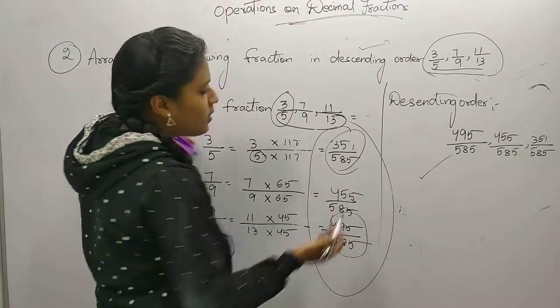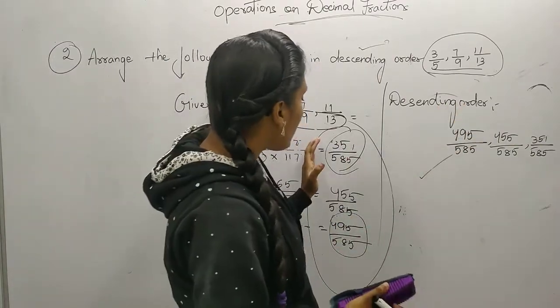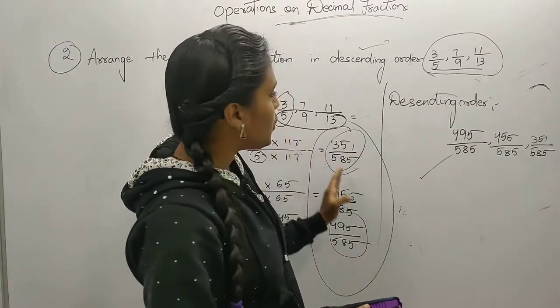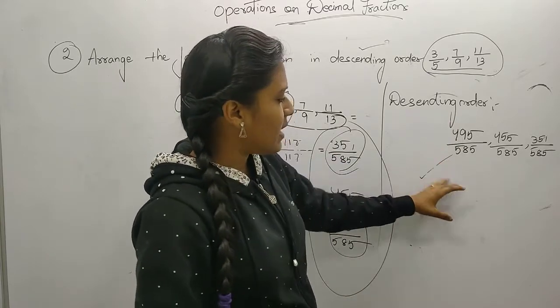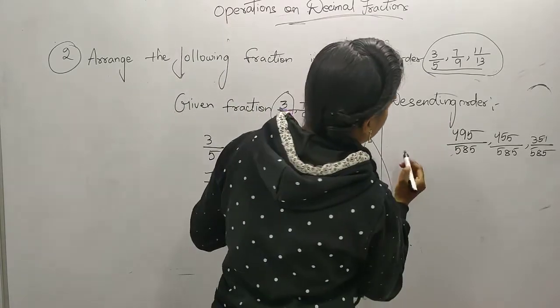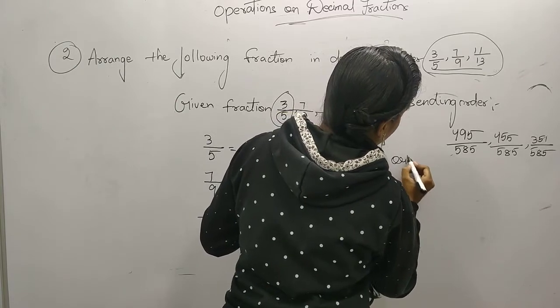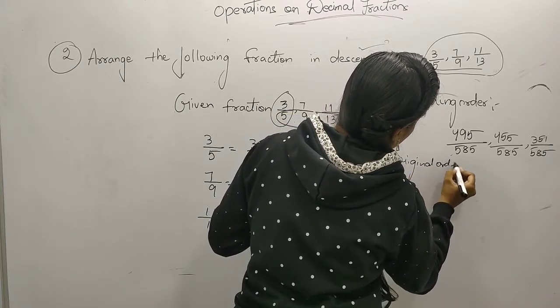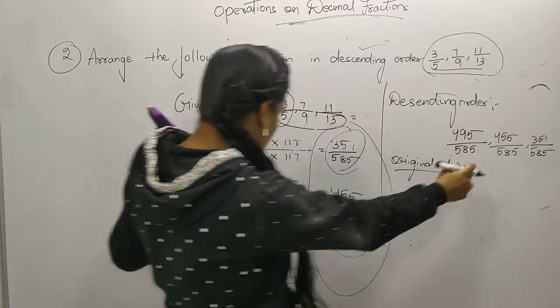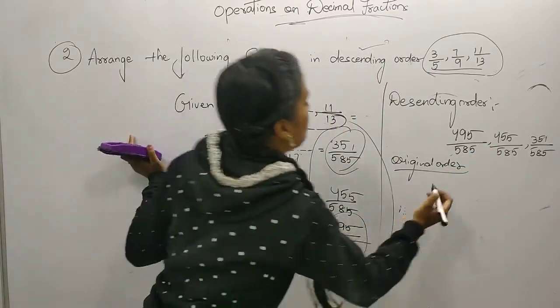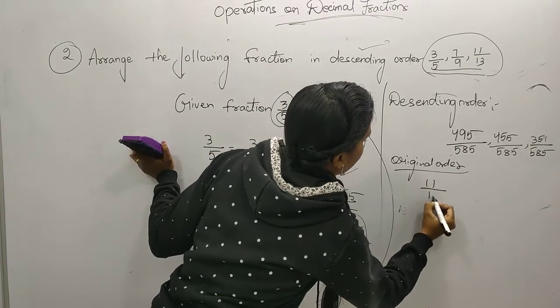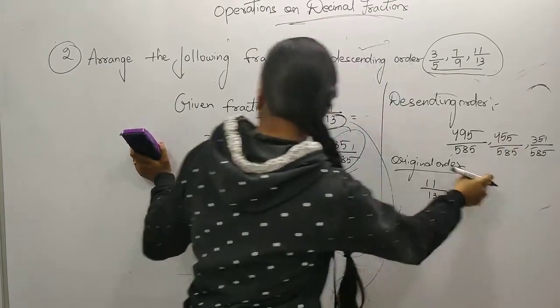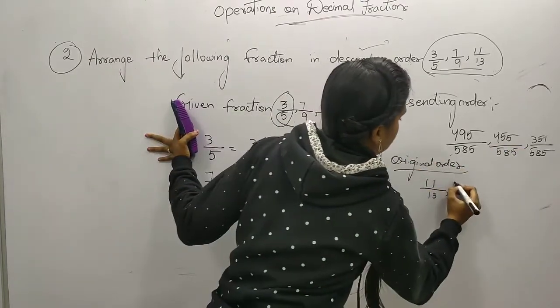Means again, in descending order, just the values we got we wrote, but what is the original order? 495 is whose value? 11 by 13's value, means 11 by 13. 455 whose value? 7 by 9's value, means 7 by 9.